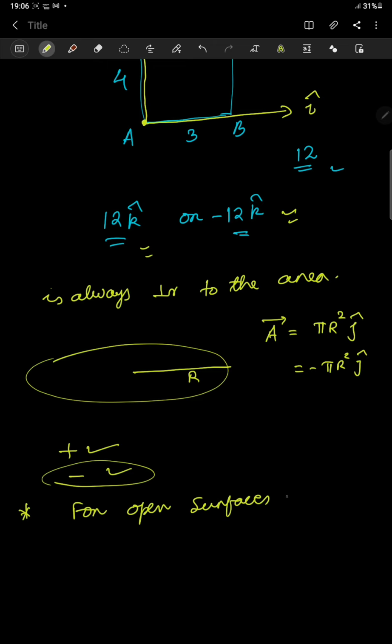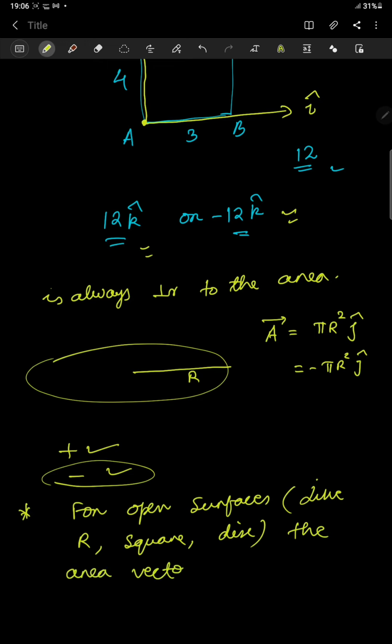Do you have some examples? Yes, we have open surfaces like your rectangle, your square, and this disk, etc. For these open surfaces, the area vector direction is always perpendicular to the surface.